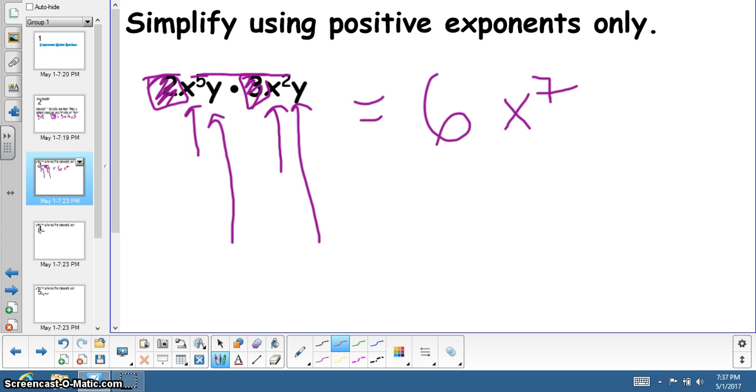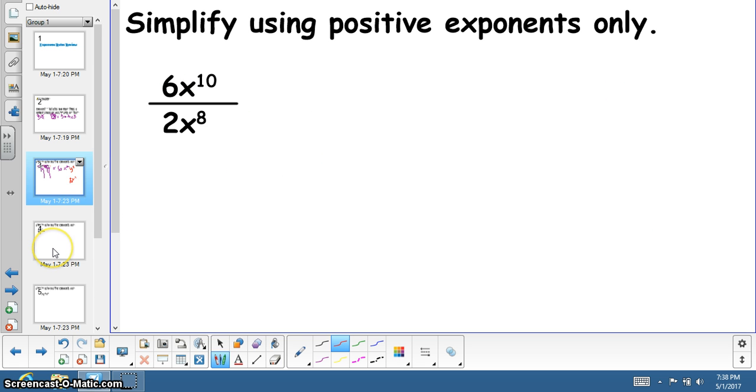Again, we're adding the exponents, but I don't see an exponent there. Well, we know in math, any variable by itself has a coefficient of 1 in front and has an exponent of 1. So these exponents are 1. I get y to the 2nd power. All my exponents are positive. I have simplified this problem.